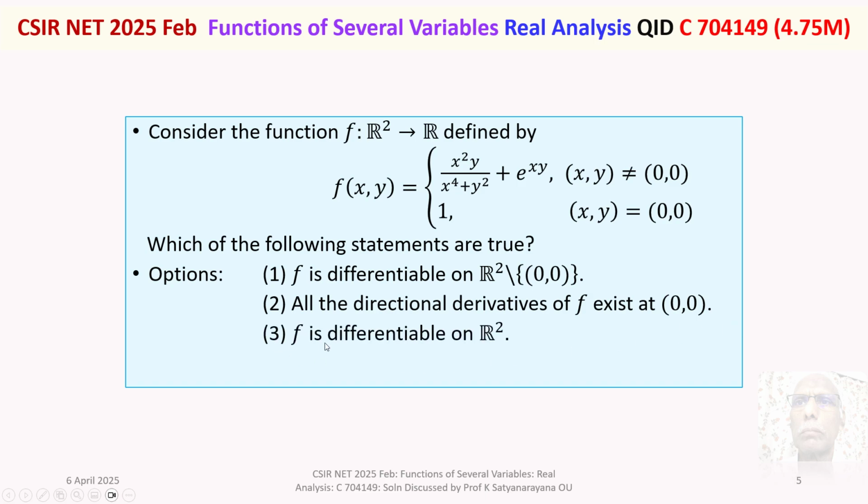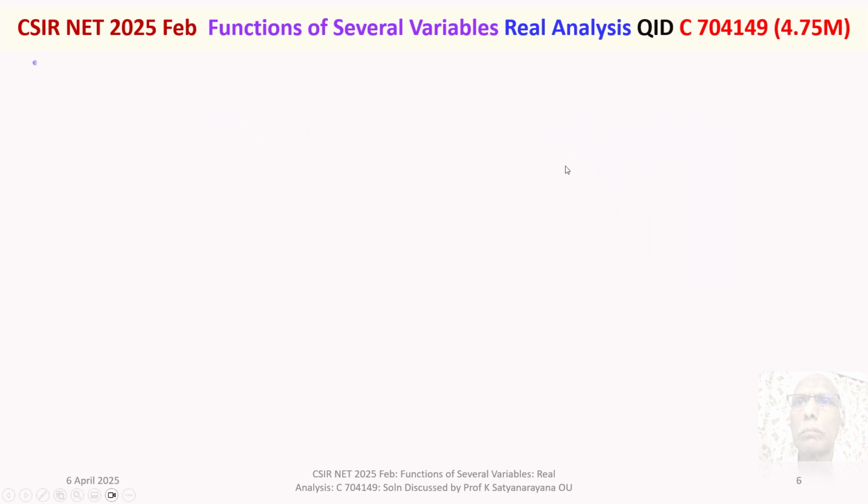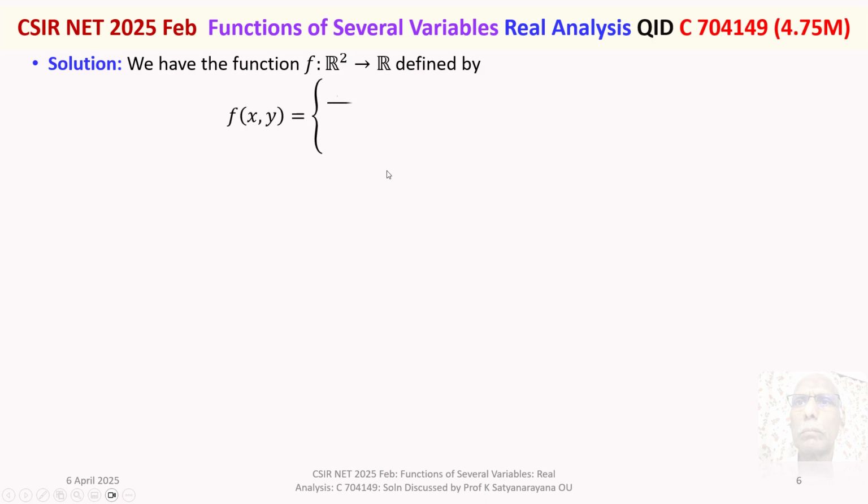Option 3, f is differentiable on R square. Option 4, f is not continuous at 0 comma 0. Right. Let's now discuss the solution of the problem in detail. We have the function f from R square to R defined like this.